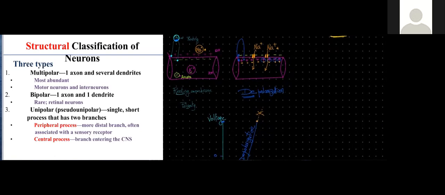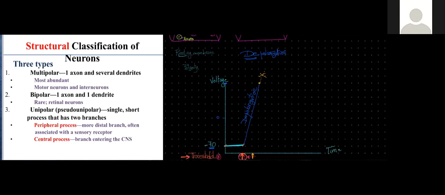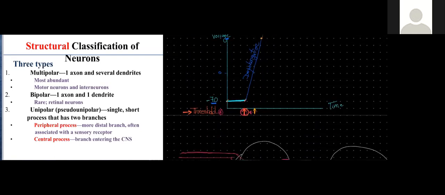In order for me to start to respond to other stimuli, if I received any, I got another stimulus on here. In order for me to respond to this stimulus, I need to go back all the way down to my resting membrane polarity for me to start again another electrical impulse.